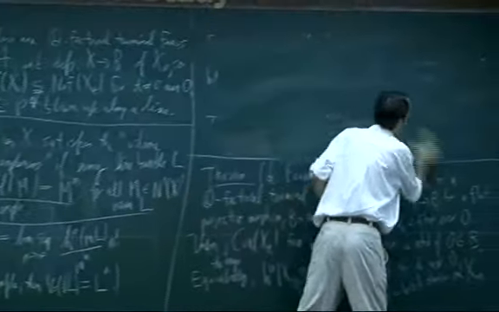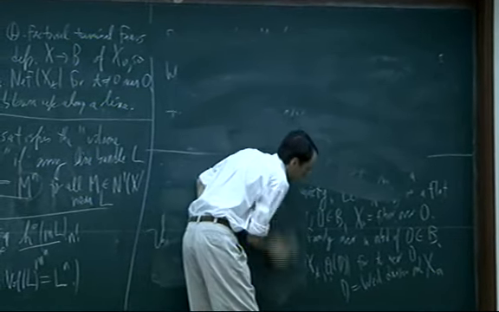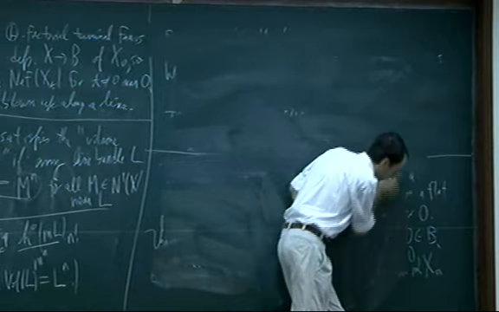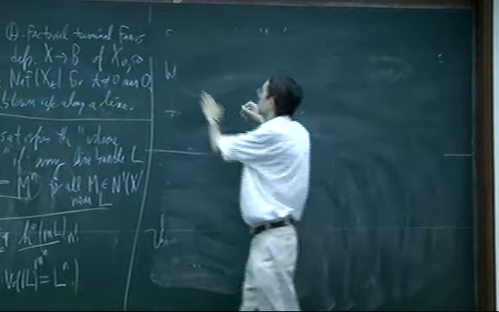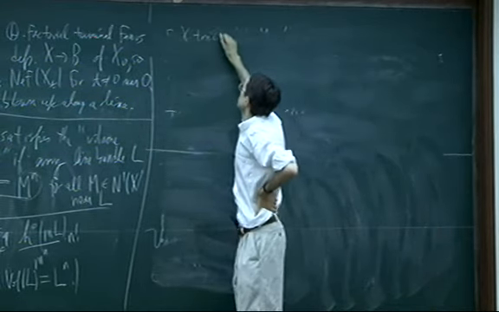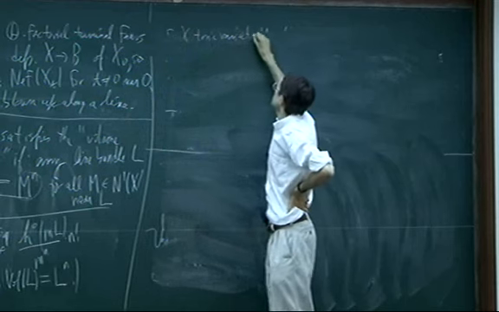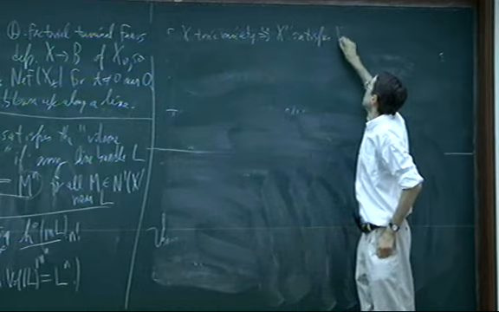However, what's known about that? I guess Lazarsfeld studied this condition in his book on positivity. What's known is that if X is, say, a toric variety, then X satisfies this volume criterion for ampleness.